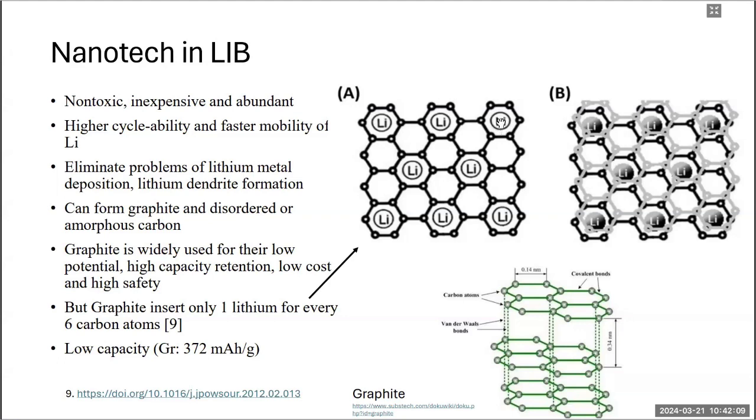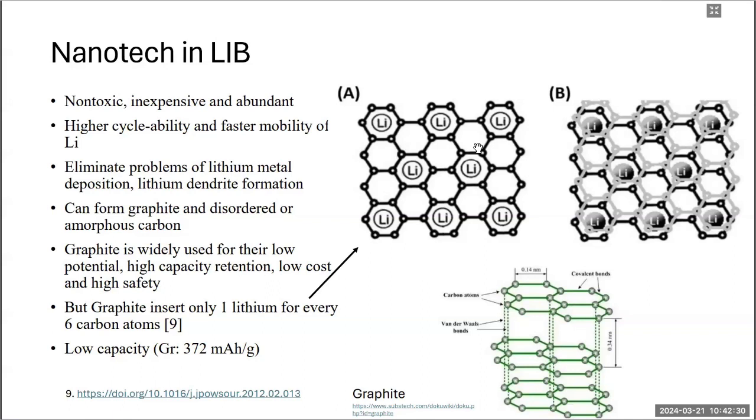So it cannot make any bond of lithium inside these adjacent layers. That's why in one lithium, for example, this lithium, you can see six hexagonal closed areas should be empty. That means 1 of 6 ratio. That means 6 carbon atoms will just hold one lithium. That's why the capacity is lower.